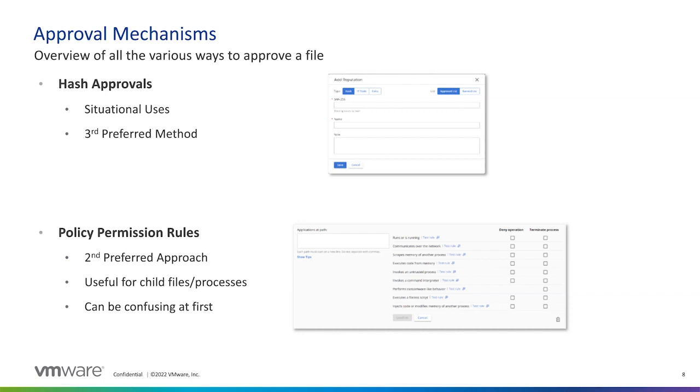So if you've worked through the operation attempts, none of them are working for you, you're still getting blocks, at that point, try the API bypass. If that doesn't work, then and only then should you be moving to do the full bypass. Again, it should be your absolute last approach when you go to approve a file.